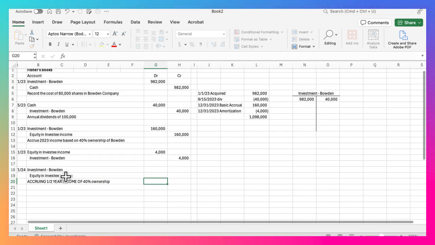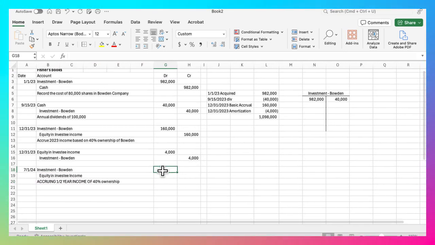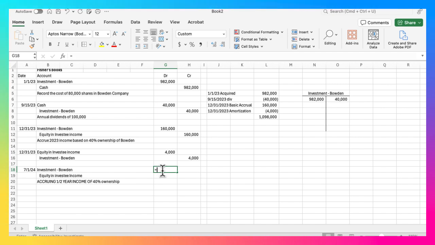Okay, perfect. So in 2024, what's their income? Well, they earned $400,000 in net income, right? We own 40% of that, so we're entitled to 40% of that, but we're only taking 1/2 of the year. So we're going to multiply that by 1/2, and we're off. Why are we off? Bear with me here for 1 second.